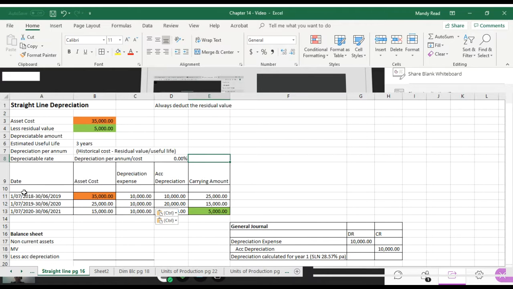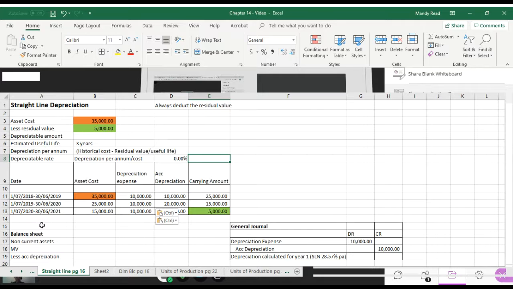On our balance sheet, and please remember that this is just an extract of the balance sheet, we start off with the historical cost of the asset, which is $35,000. We then ask what this asset is worth to us at the end of the first year. We say less the accumulated depreciation in the first year, which is $10,000, which means that the closing written down value of that asset in the first year is $25,000.